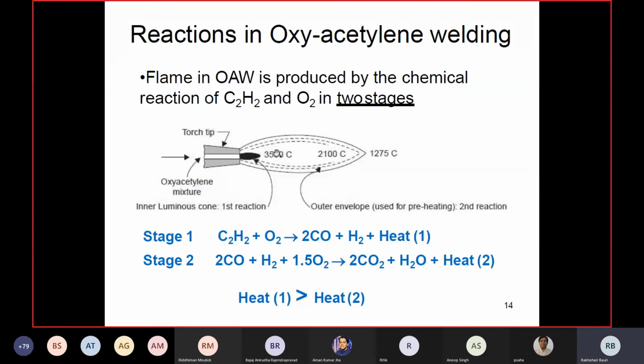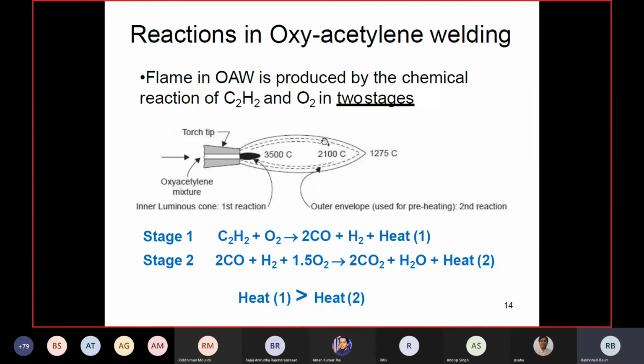Now see what happens. During combustion of acetylene, the reaction takes place in two stages. Here in this flame, you can see there is one small black cone, the inner luminous cone. Here the first stage reaction takes place: C2H2 combined with O2 gives 2 moles of carbon monoxide, 1 mole of hydrogen and heat.